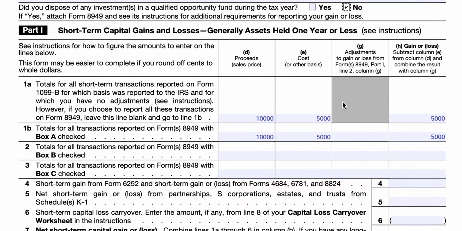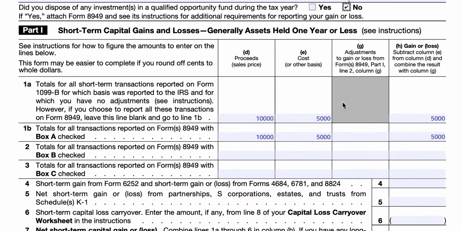The difference is that short-term capital gains and losses get added to ordinary income, so they're subject to taxation at your ordinary tax rate. If you were in the 24% tax bracket and you had a $1,000 capital gain, you would expect to pay 24% on that additional income. However, long-term capital gains have what's known as preferential tax treatment.